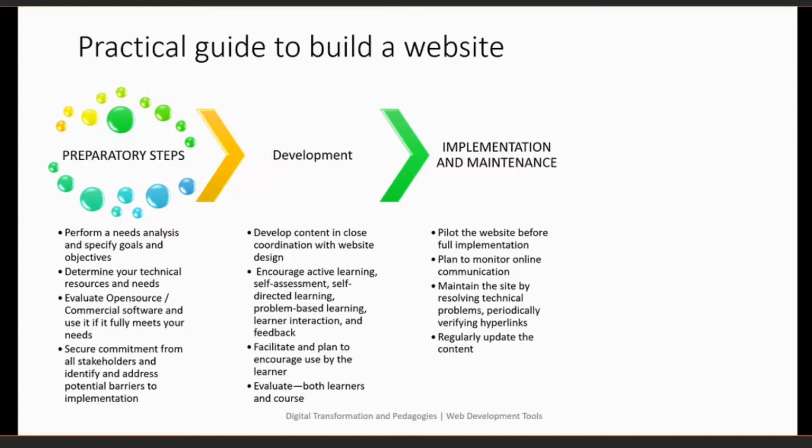The third one is maintain the site by resolving technical problems and periodically verifying the hyperlinks. Once you implement sites, quite a few issues might come down the line in terms of availability and responsiveness. Sometimes when we refer to external content, let's say you are referring to a YouTube video from somebody else, and that person takes down the video, so the link will be broken.